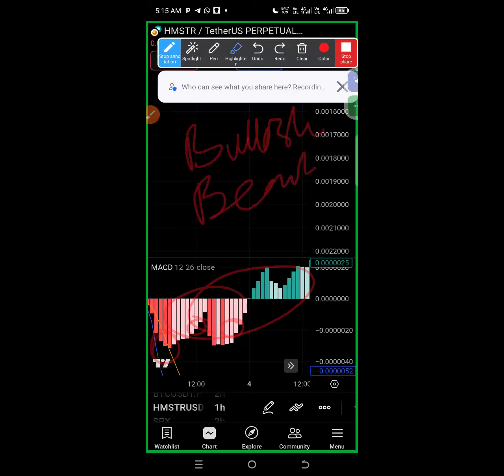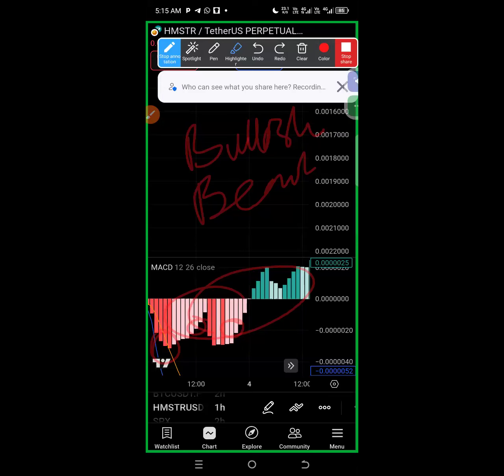Although we may see MACD giving a direction to be uptrend, it is the histogram that adds value for us to know either the momentum is strong or weak, either bullish or bearish.